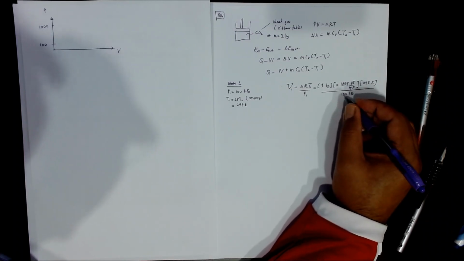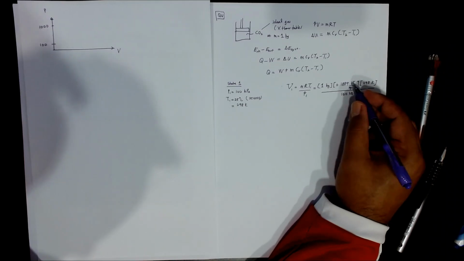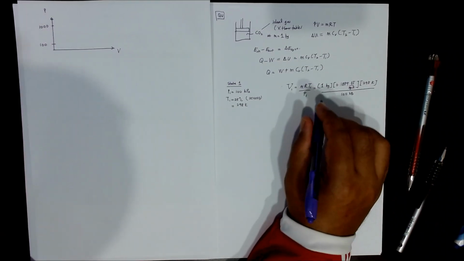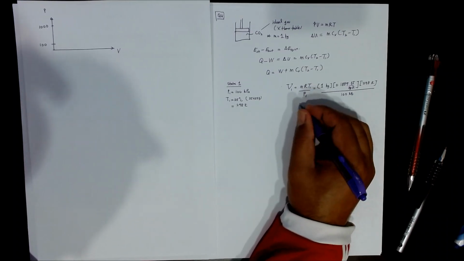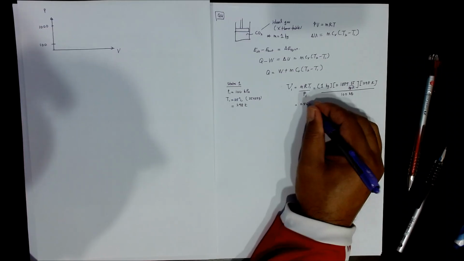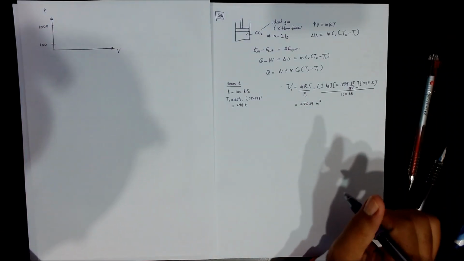If the question later gives a megapascal, we have to convert to kilopascal. Here the kilo cancels, so we have the value of 0.5629 meter cubed.